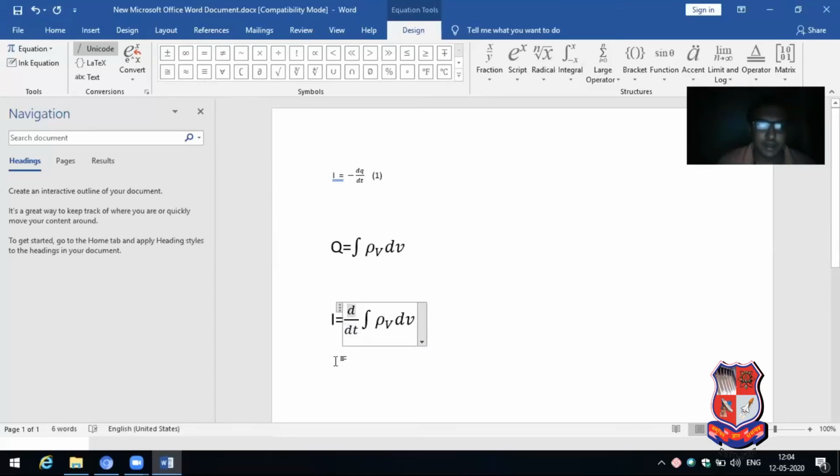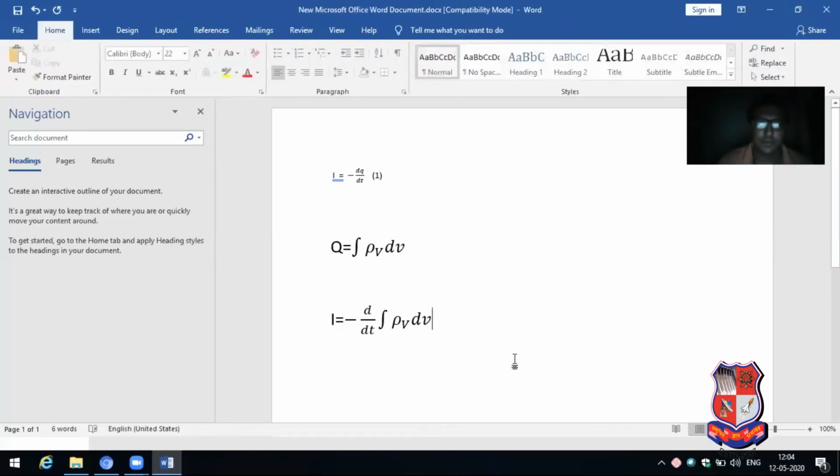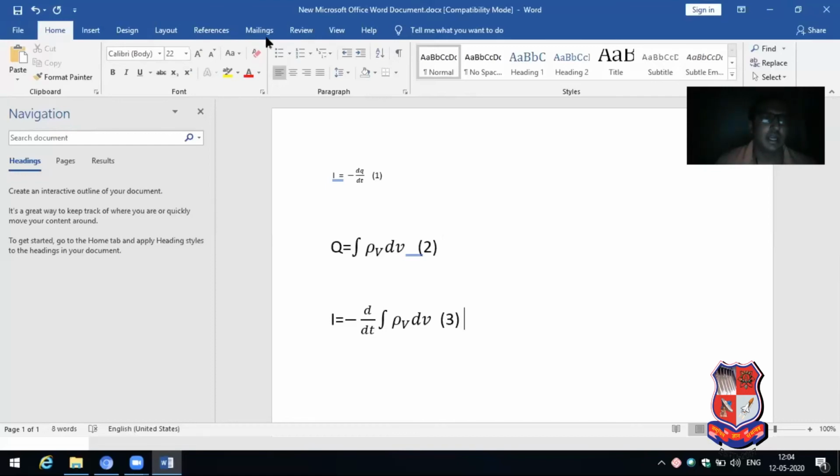Here also we can introduce the minus term. So it is considered as the first equation, the second equation, and the third equation. Again, this is the topic related to the continuity equation, related to chapter number 3.